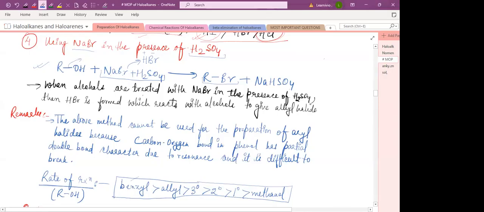In this case, when alcohols are treated with sodium bromide and H2SO4, the NaBr and H2SO4 react with each other to produce HBr, and this HBr reacts with ROH. The Br replaces the OH group and gives you the product alkyl bromide, along with the byproduct NaHSO4. Got it?